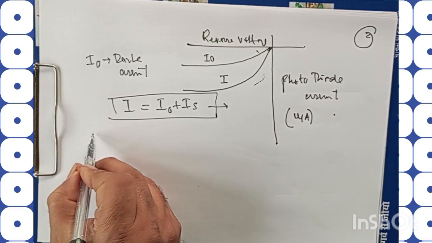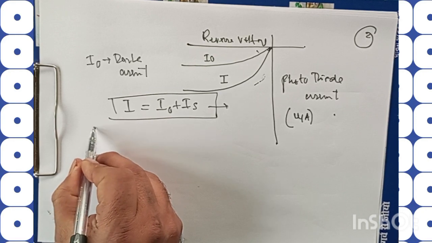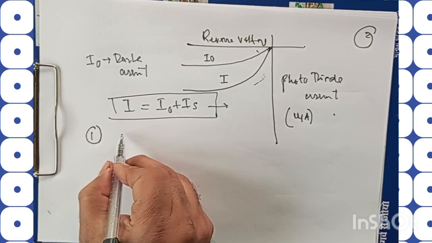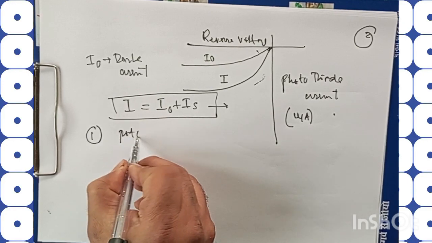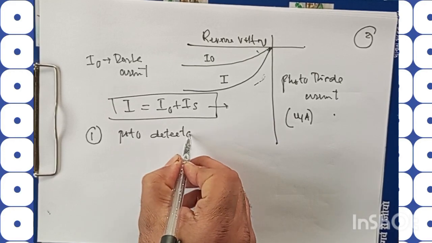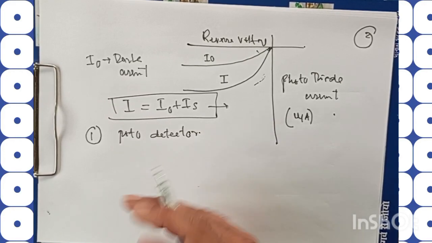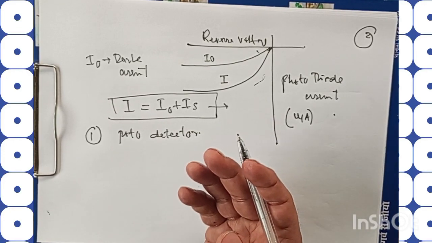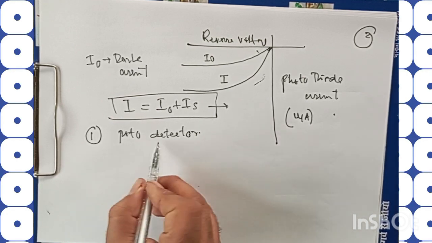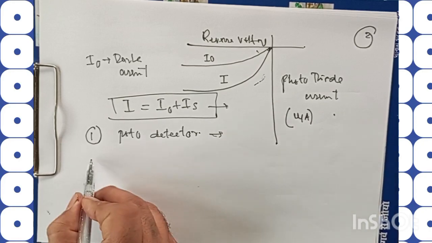Now these photodiodes have many applications. They can be used as photodetectors; they can detect the intensity of the radiation or light, so here as a sensing device.